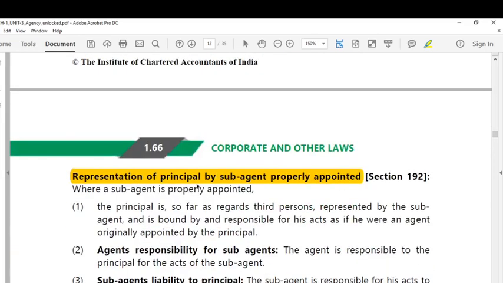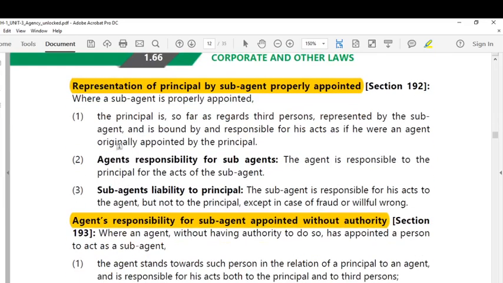Representation of a principal by a subagent properly appointed. Where a subagent is properly appointed, the first thing is that the principal is, so far as regards third persons, represented by the subagent and is bound by and responsible for his acts as if he were an agent originally appointed by the principal.